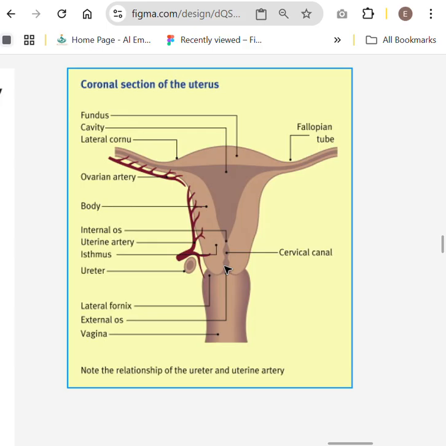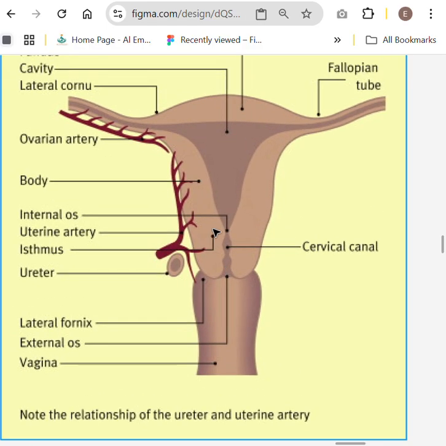Seen microscopically, the site of the histological internal os is where the mucous membrane of the isthmus becomes that of the cervix. Okay?